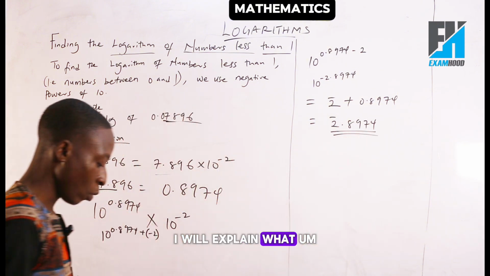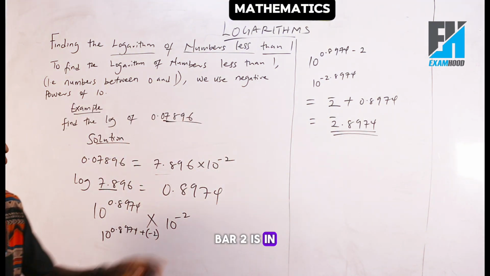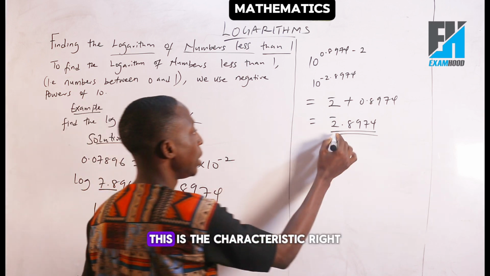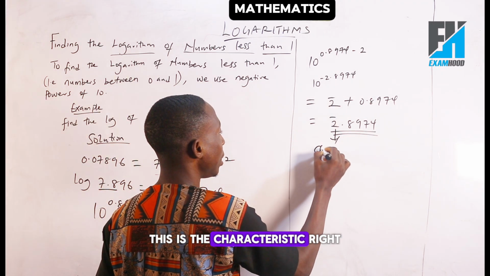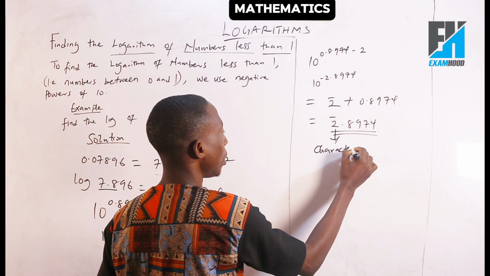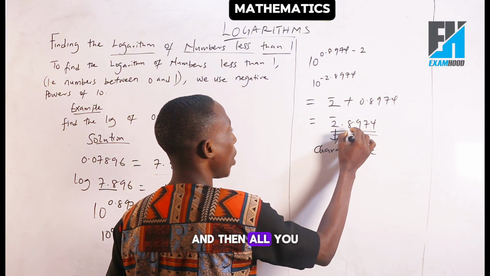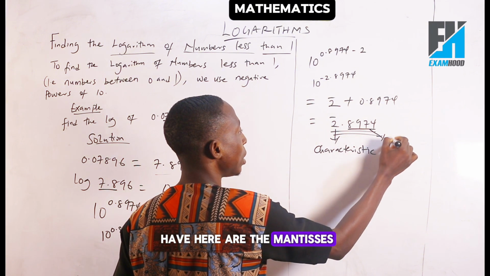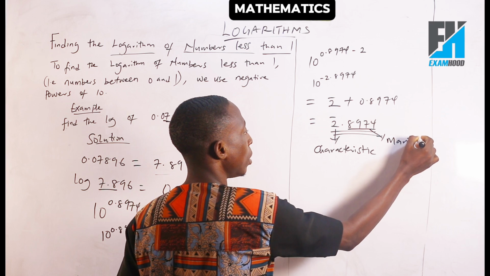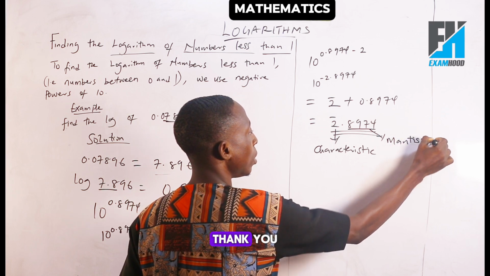I will explain what bar 2 is in our next video, because you can see this is the characteristic, right? And then all you have here is the mantissa. Thank you.